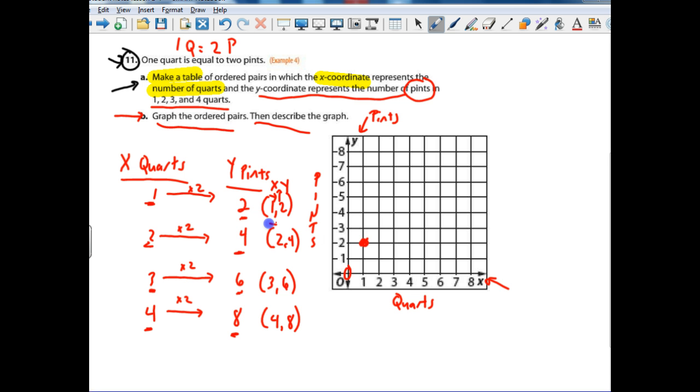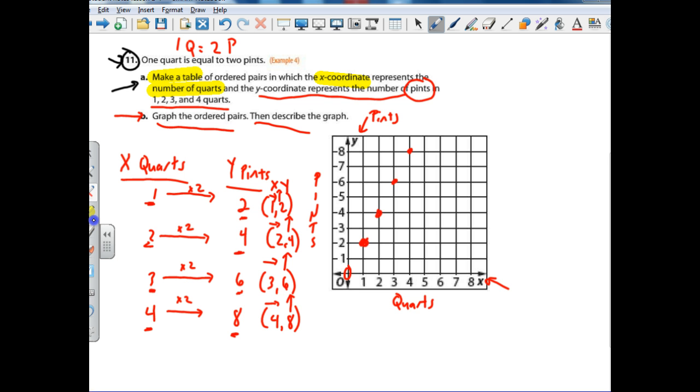This one, we go over 2, up 4. This one we'd go over 3, up 6. And the last one we'd go over 4, up 8.